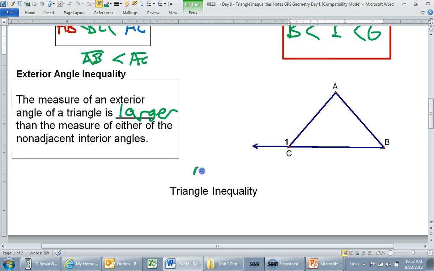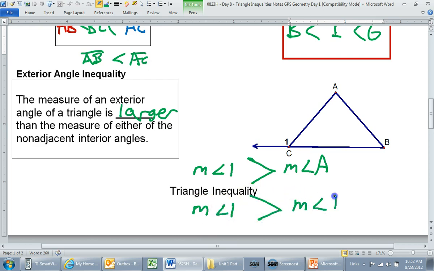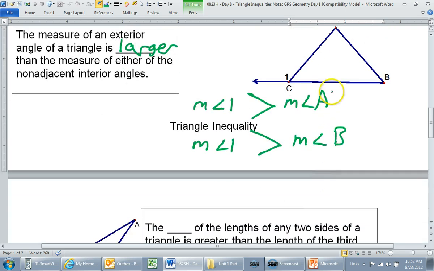That means, for example, the measure of angle 1 must be larger than the measure of angle A. What else could I also say according to this same theory? B. Right. The measure of angle 1 also must be larger than the measure of angle B. Did that make sense, Mason? Yes, it does.